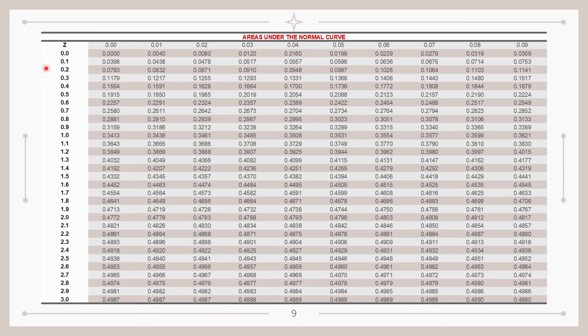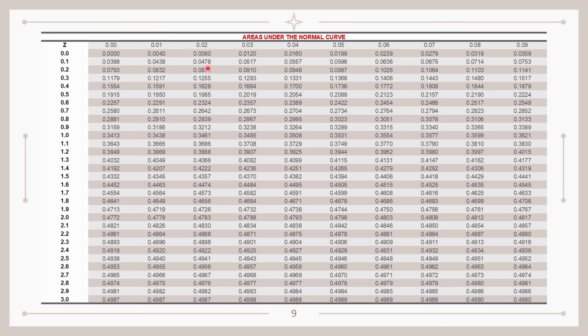Now, these are the z-scores, which we're going to be using later, or the reference of the areas under the normal curve that a certain z-score covers. Now, do take note that there are different iterations of this table. There are areas for the left tail, areas for the right tail.